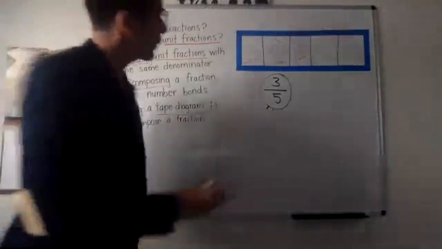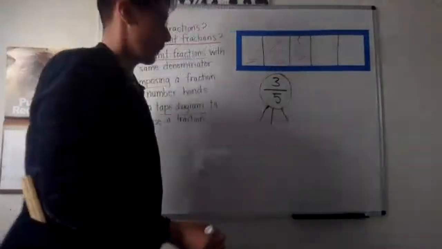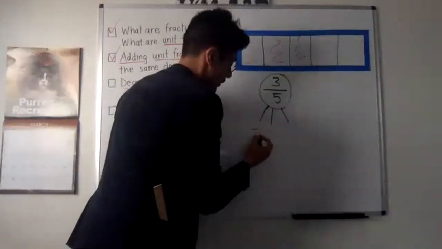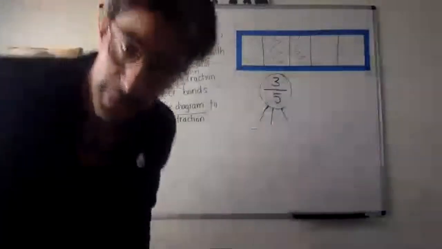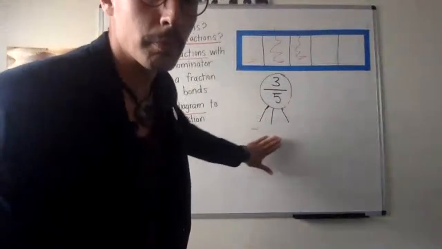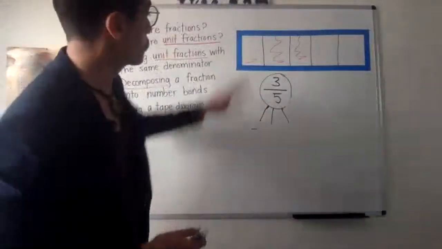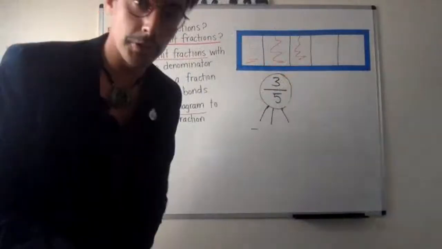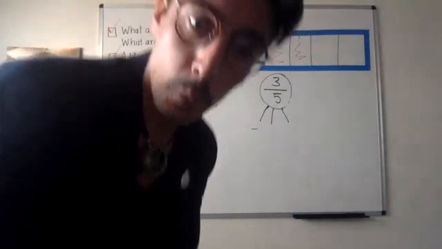How can you break apart 3/5 into unit fractions? I'll give you guys a moment to think about it. Discuss it with somebody. How can I use a number bond to represent a fraction of 3/5 using those unit fractions? Unit, uno, 1 in the numerator.